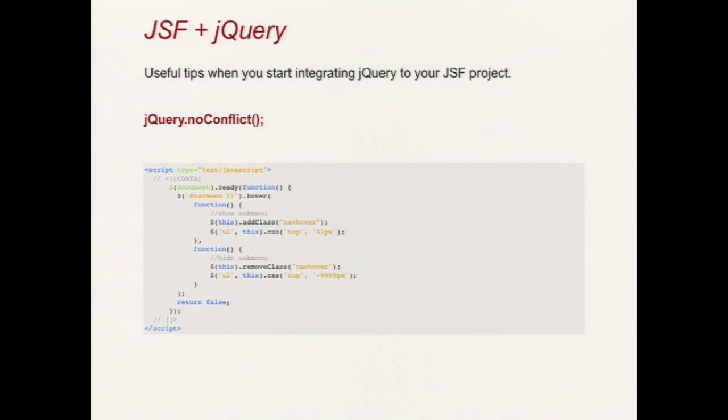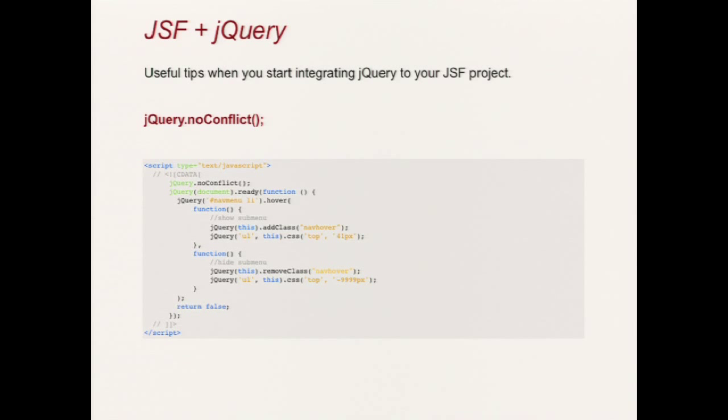No conflict allows you to change the dollar symbol to be jQuery or a different variable that you can also set. But what you're talking about specifically is having multiple jQuery libraries called in your project.